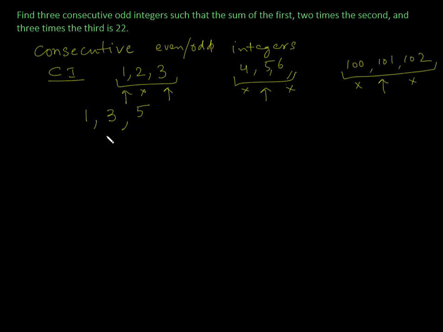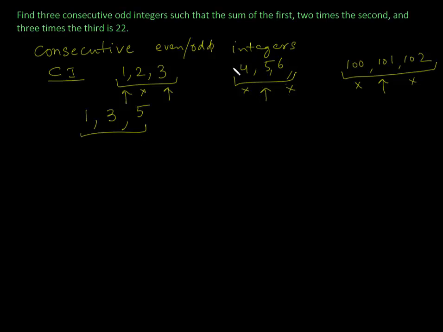There is no other odd number I'm skipping in between. So we have 1, 3, 5, which are all odd.